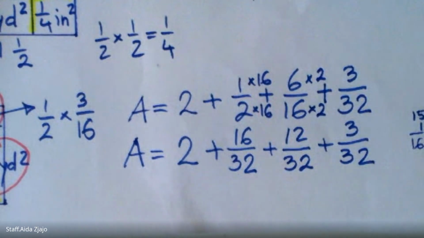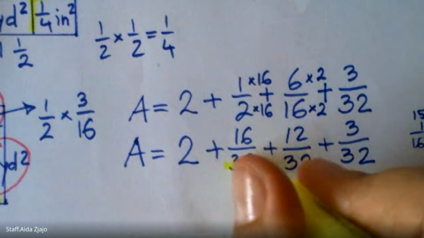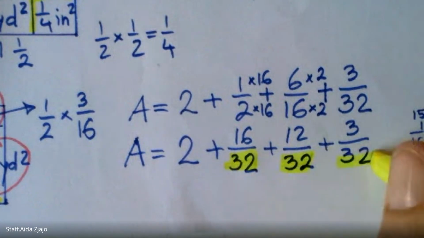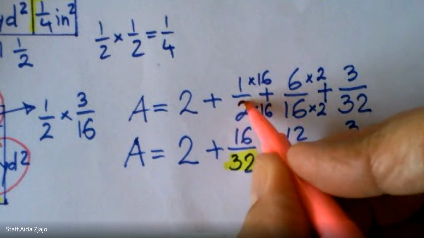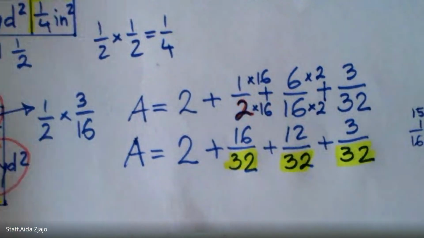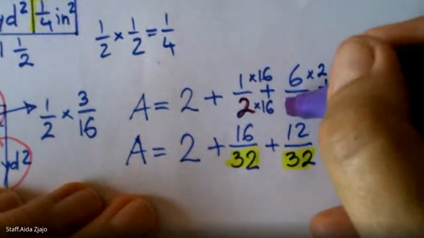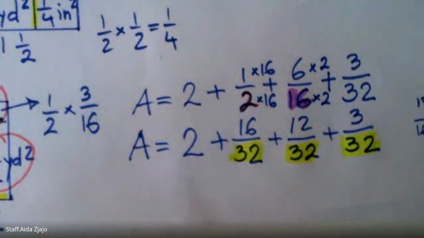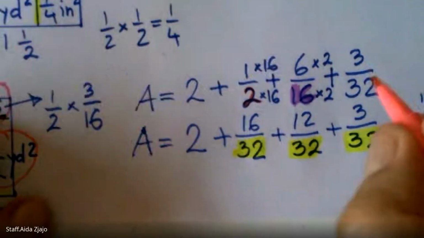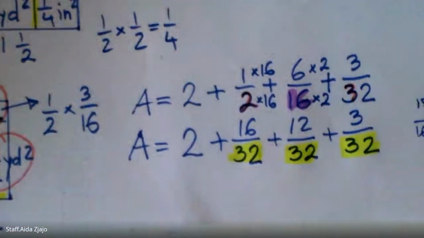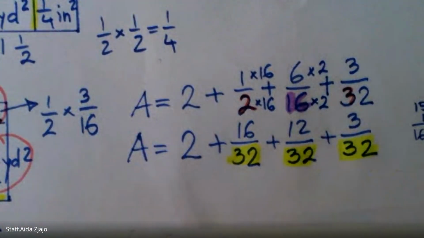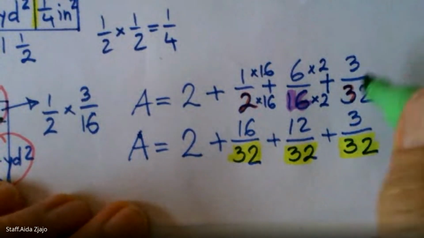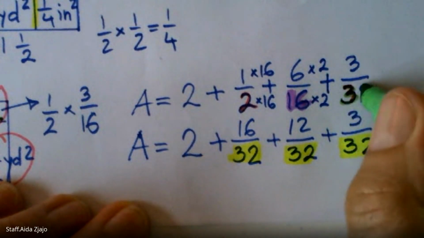Right now, look, I have same size pieces, so I can add them. Before, these were halves, these were 16ths, and these were 32nds, different sizes of pieces.